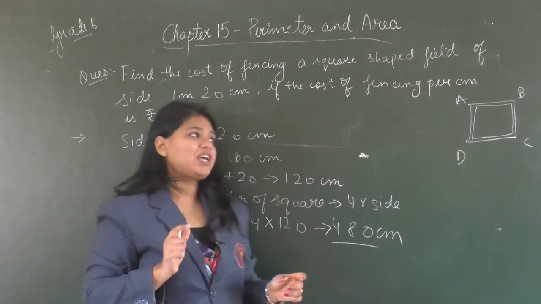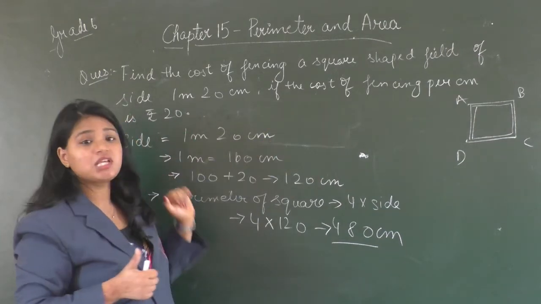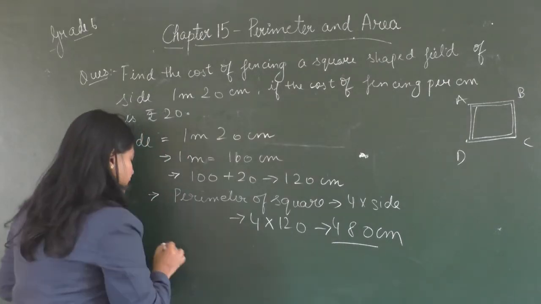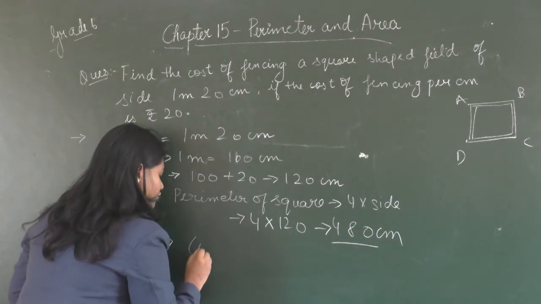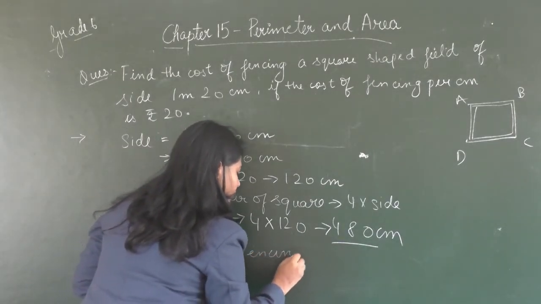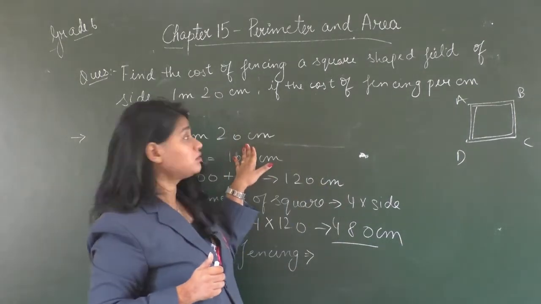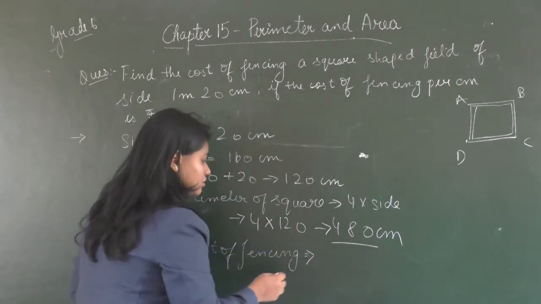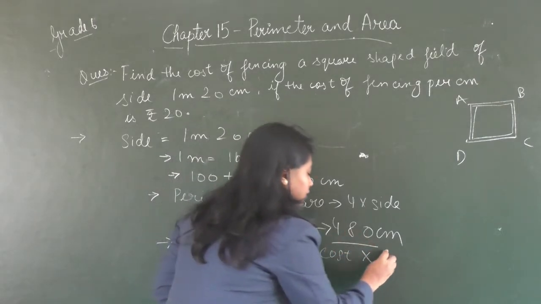Now according to the question, they say the cost of fencing per centimeter is rupees 20. You need to find the cost of the fencing. Now the formula for finding the cost of fencing is, so first I will write cost of fencing is equal to the amount into perimeter. So that is cost into perimeter.